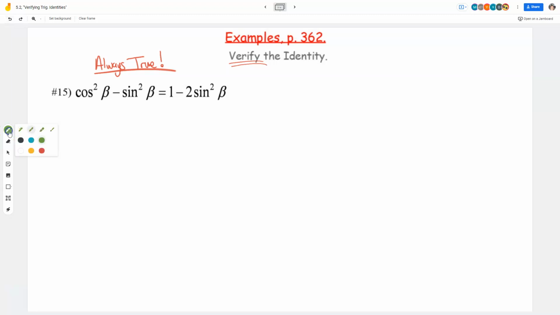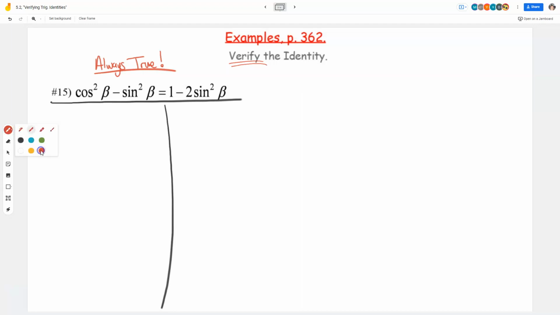So ready? Here's how my system keeps you safe from making a fallacy or from doing it in a way that is improper. We draw a T. Why are we drawing a T? We're drawing a T to say there are two sides to this. And I am not allowed to take the left and put it on the right, or take the right and put it on the left. I am not allowed to do traditional algebra.